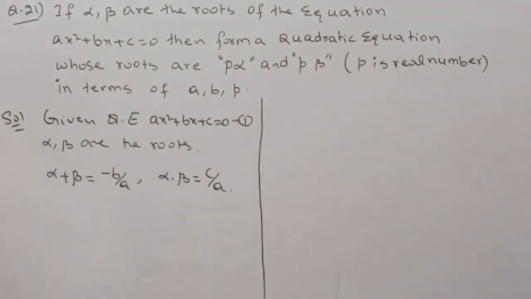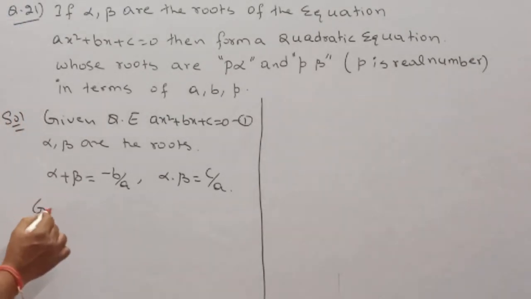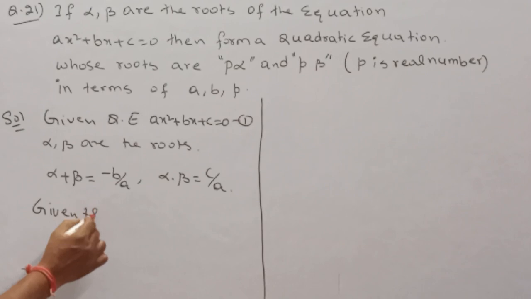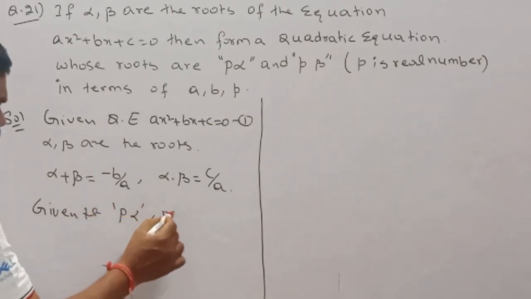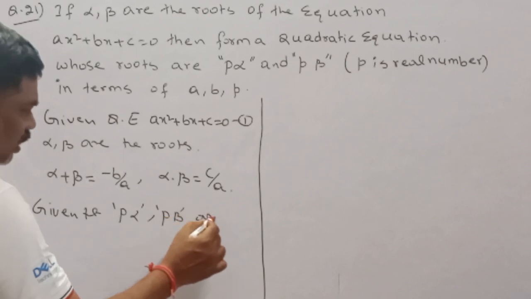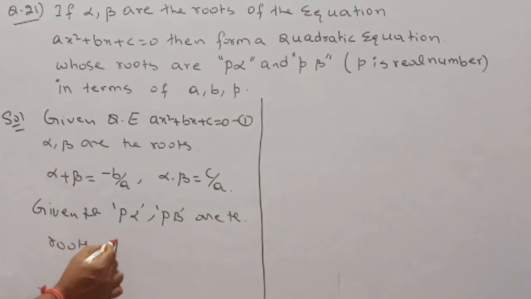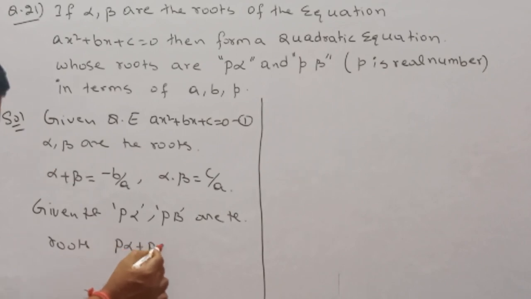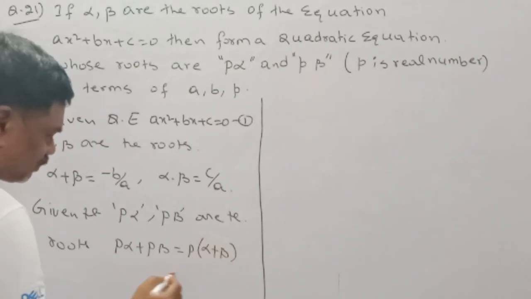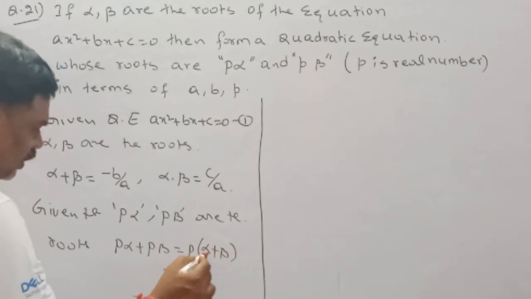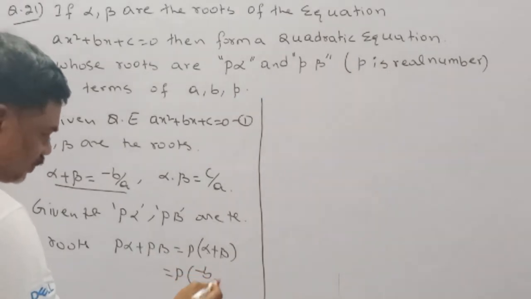Then given that p alpha, p beta are the roots, then p alpha plus p beta is equal to p of alpha plus beta, which is equal to minus pb by a.